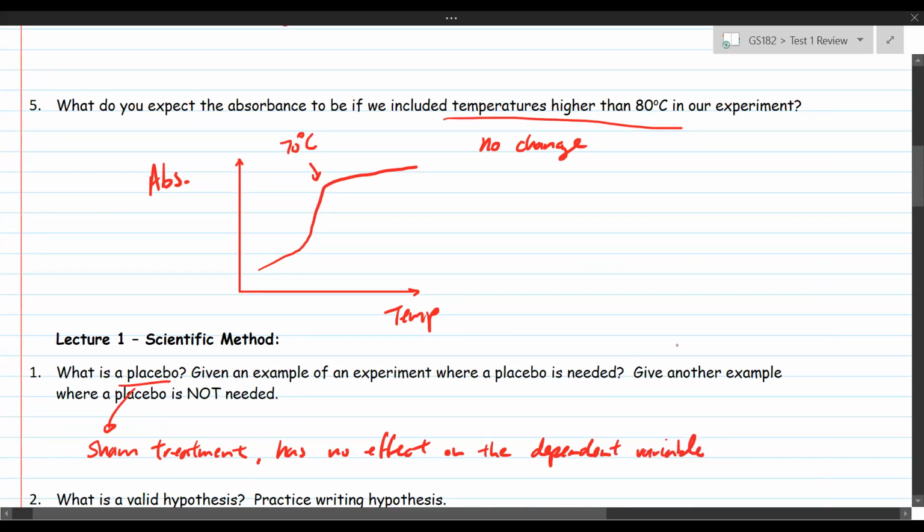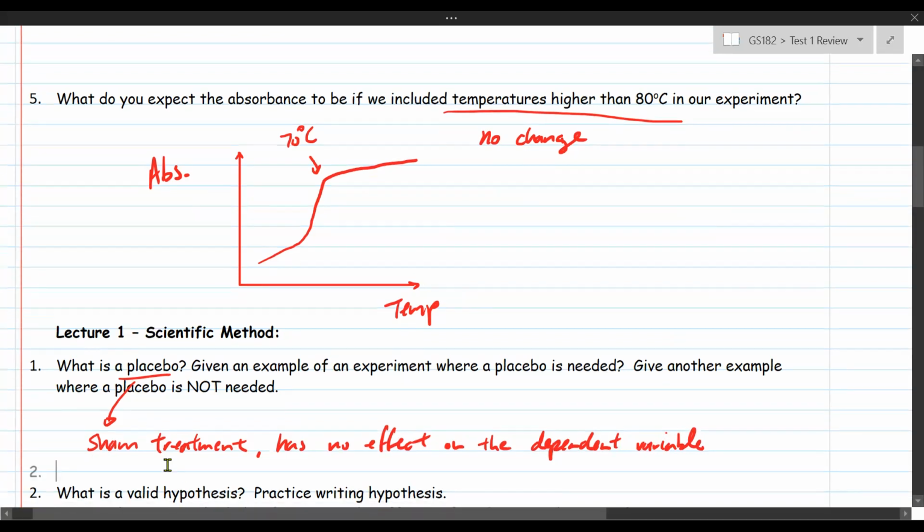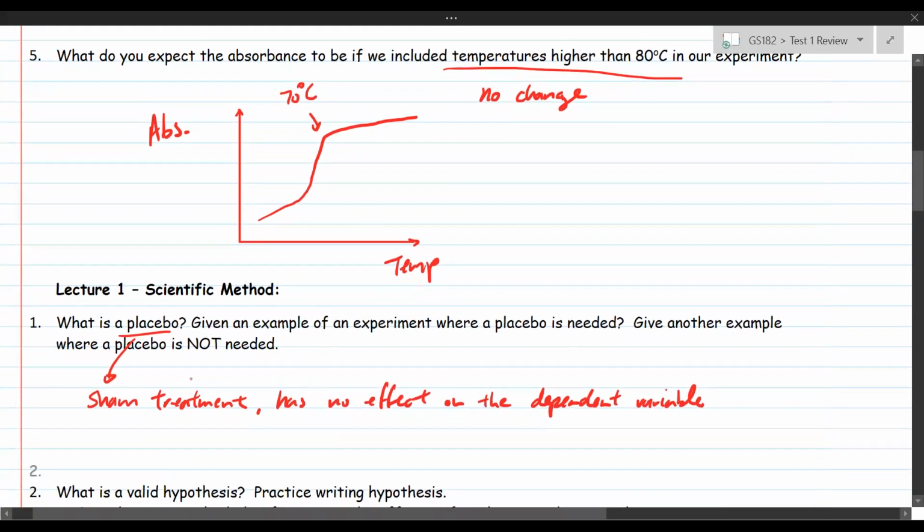The purpose of a placebo is to eliminate or minimize bias. And you need it when you deal with human subjects, so it's needed for experiments involving humans.